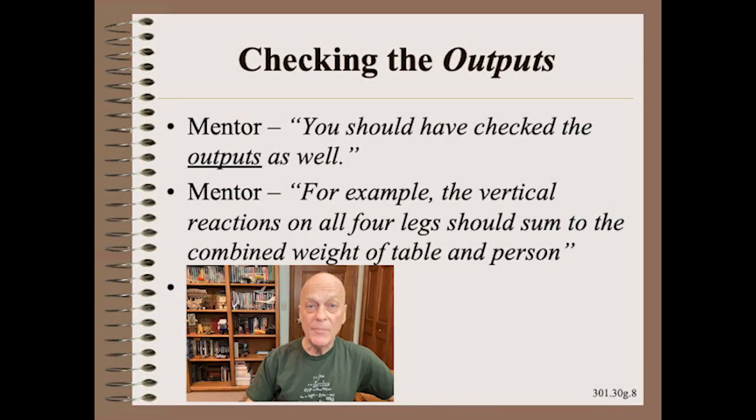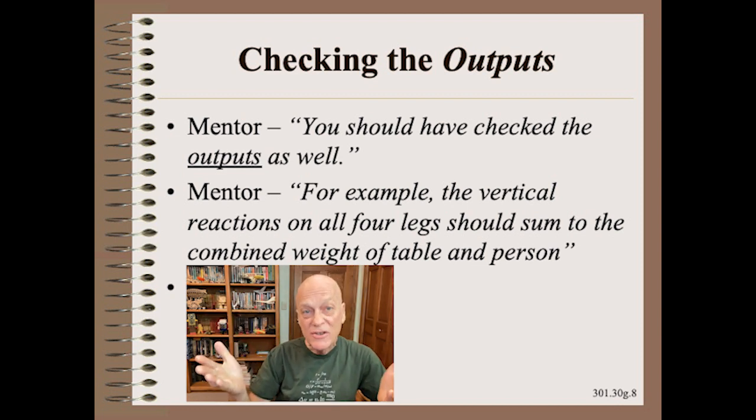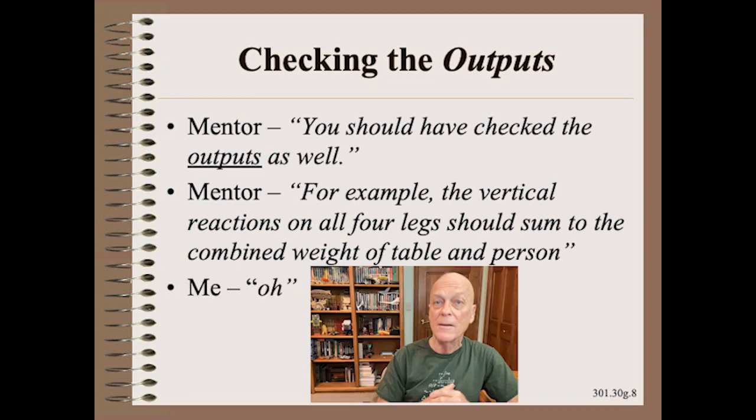He told me I should have also checked the outputs as well. As just one example, the vertical reactions on all 4 legs should sum to the combined weight of the table and the person. All I could reply was an embarrassed, oh.